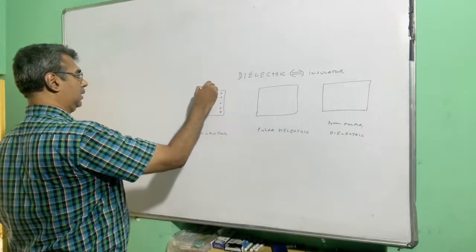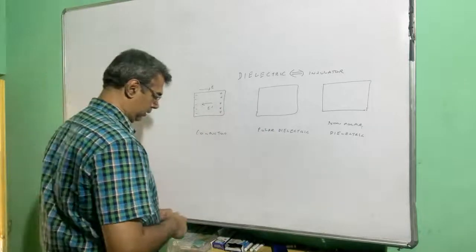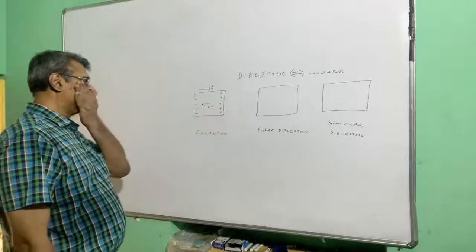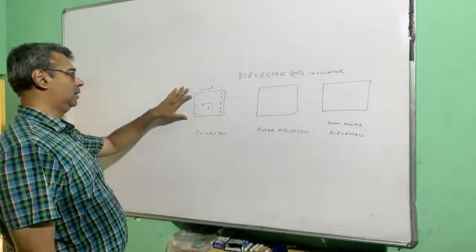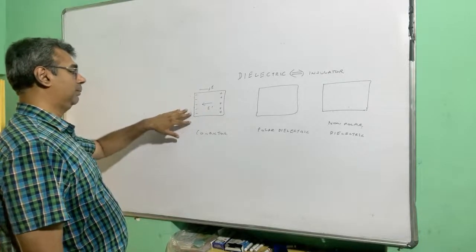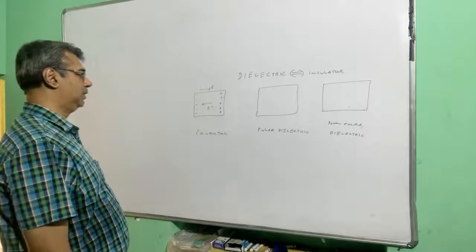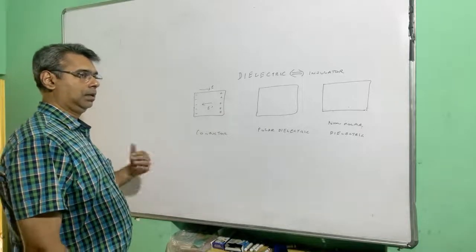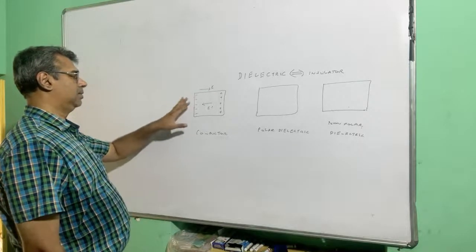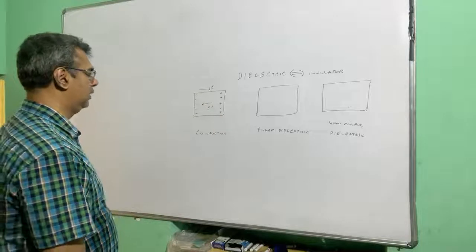So if you have a conductor, what happens in a conductor is that the free electrons arrange themselves opposite to the field, and the positive charges arrange themselves on the side of the field.